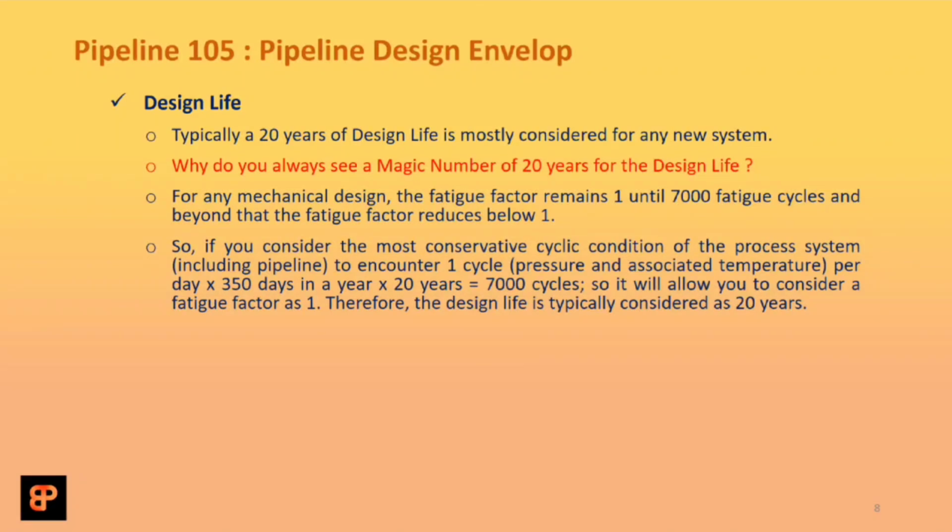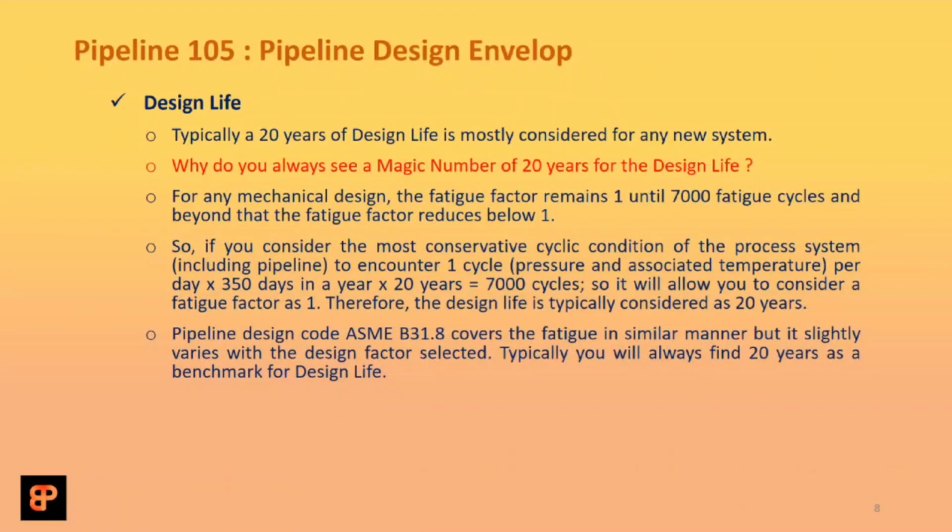So how did that magic number of 20 years of design life come? It is basically 7,000 cycles, up to which the fatigue factor remains 1, divided by the maximum possible cycles in a year, and then converted to 20 years. So it happens to be 20 years. That is why you will always find the design life defined as 20 years. And once you understand this, you will start enjoying it.